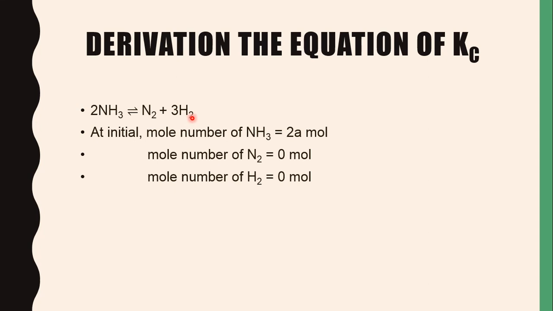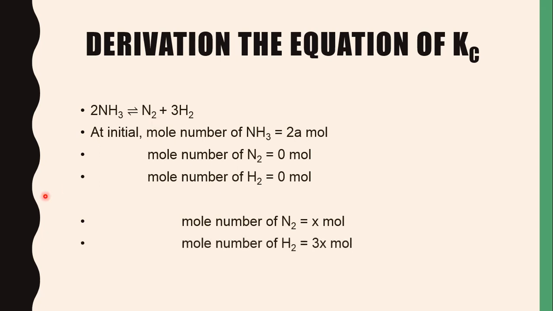So, if at equilibrium we get x moles of nitrogen, then we will get 3x moles of hydrogen. At equilibrium, the mole number of nitrogen equals x and the mole number of hydrogen equals 3x. Now, x moles of nitrogen and 3x moles of hydrogen are produced from 2x moles of ammonia, isn't it?